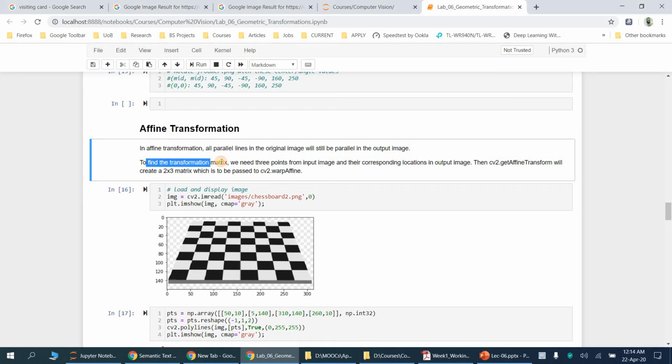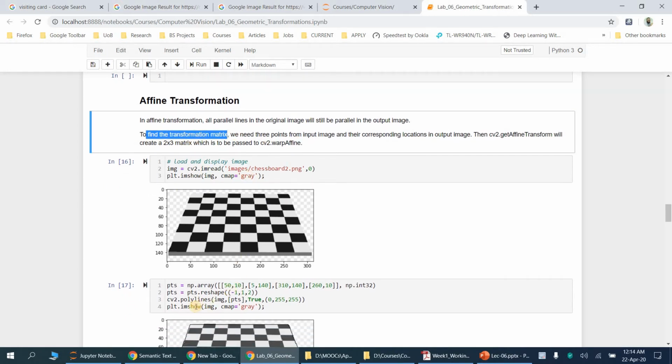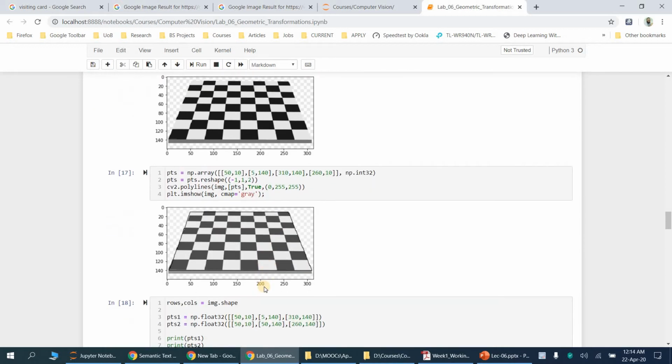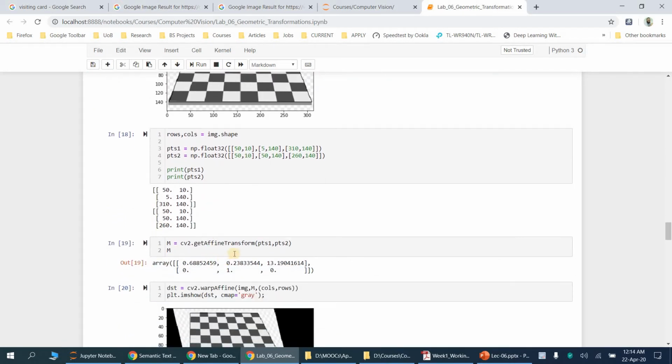To find the transformation matrix that will perform this transformation, remember why we need it? Because the function called get affine transform produces the transformation matrix, and this matrix is used by the warp affine function. So warp affine is just like filter 2D. It takes an image, it takes the transformation matrix, and it takes the output size and transforms the image into the output.